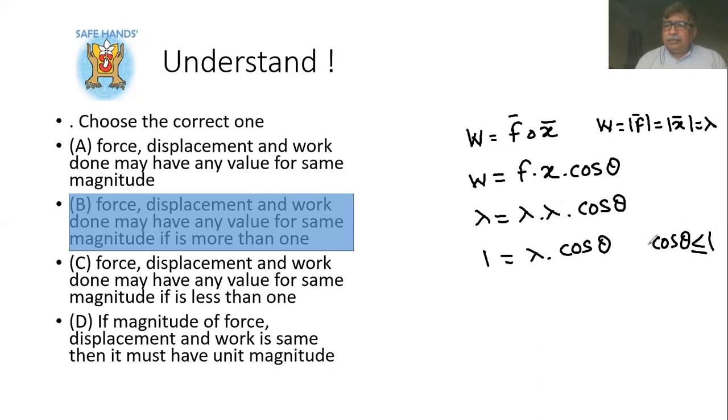Under this condition, negative I don't need to worry about. So if cos theta is less than or equal to 1, it is obvious that lambda must be greater than or equal to 1 so that the product will be 1. So the value must be greater than 1 or at the most equal.